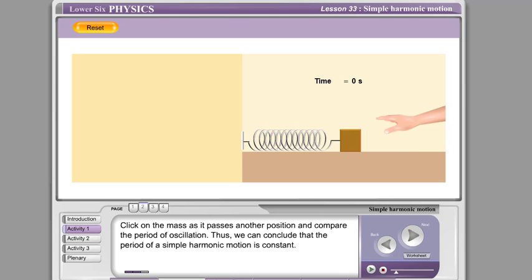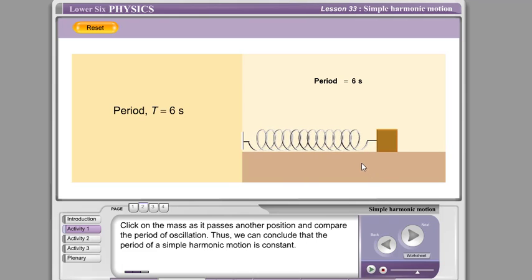Click on the mass as it passes another position and compare the period of oscillation. Thus, we can conclude that the period of a simple harmonic motion is constant.